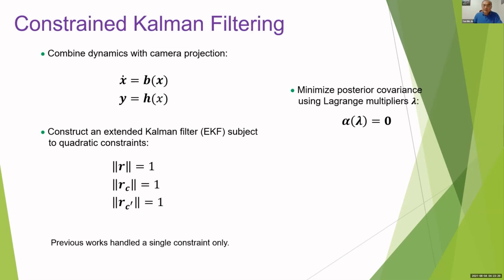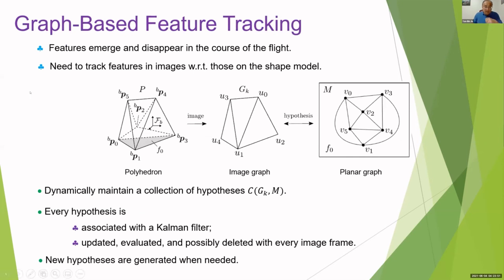So what we're doing here is to use a Kalman filter to minimize the posterior covariance, and we enforce these constraints using Lagrange multipliers, to make sure that the state stays in SE(3), basically, okay? So this is kind of equivalent to the IEKF, the invariant EKF. We get the Kalman gain, all right? So now, one big hurdle, obstacle, is to track the features, okay?